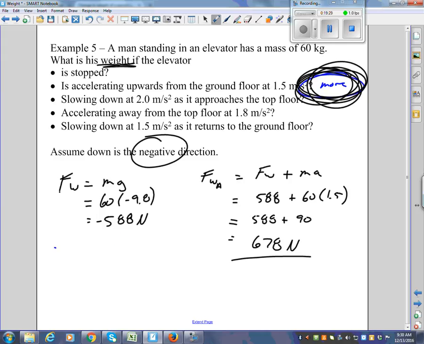This 588 is on the man, but how much is, no, that's not entirely true. Let me think about this for a second. How am I going to see this? The 588 is a measure of what the scale says, which is up. So can I say the 588 is, I don't know, that's dangerous territory.